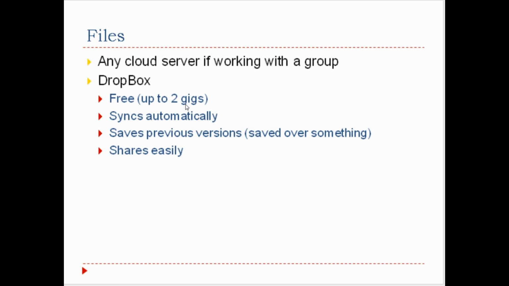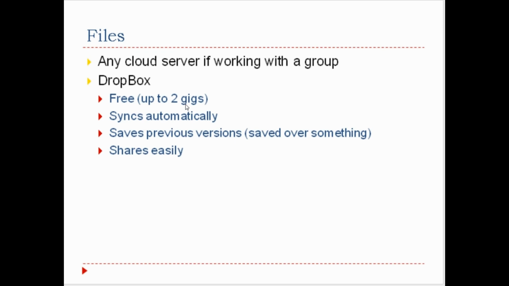Again, Dropbox, you get 2 gigabytes for free, which is helpful. It syncs automatically, which is really helpful, but do be careful because you can change other people's information. And one of the nice things, if you haven't noticed it yet, is that it does save previous versions.